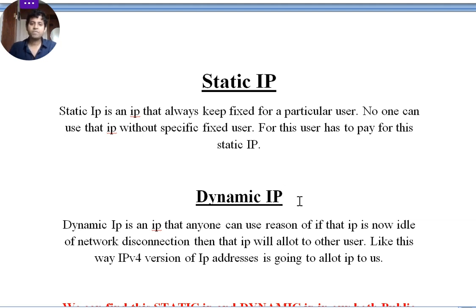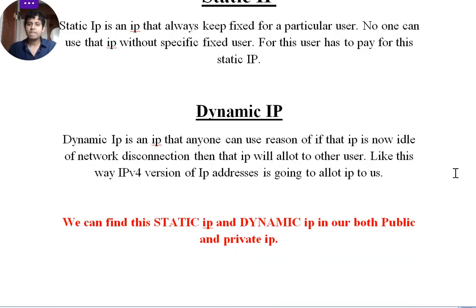But what is the benefit of dynamic IP? Dynamic IP means that this IP address can be used by more than one network user. For example, when I buy this mobile and pay for an internet data pack from a service provider, I can access Facebook, YouTube, or Netflix very easily.